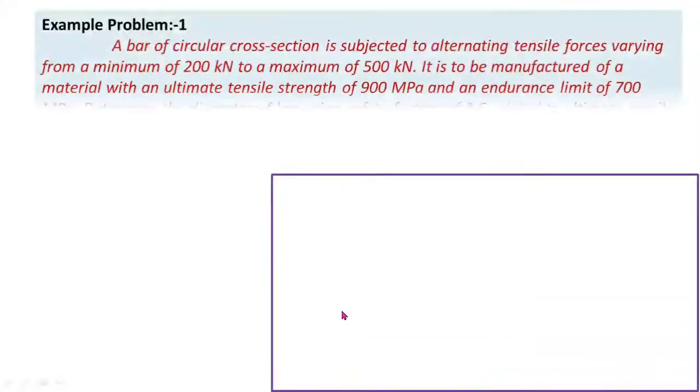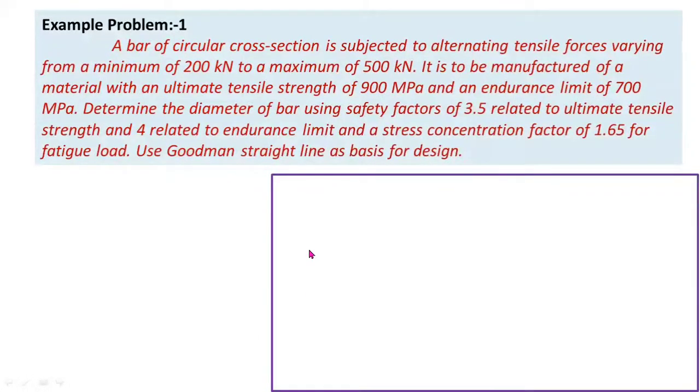Now I am going to explain a simple problem. This is the first problem. A bar of circular cross section is subjected to alternating tensile forces varying from a minimum of 200 kilonewtons to a maximum of 500 kilonewtons. It is to be manufactured of a material with an ultimate tensile strength of 900 megapascal and an endurance limit of 700 megapascal.